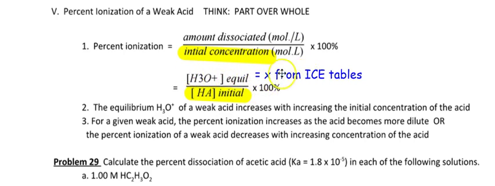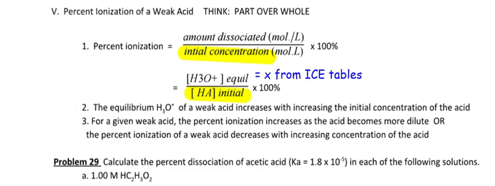Okay, so that's the effect of Le Chatelier here. So maybe that's a way to think about this. As your initial concentration goes down, your percent ionization goes up. Okay, the reverse is also true. The percent ionization of a weak acid decreases with what? Increasing concentration of the acid. Okay, so maybe that puts things into perspective.